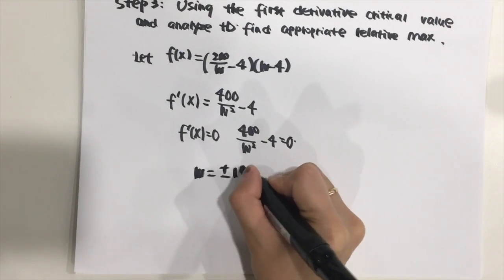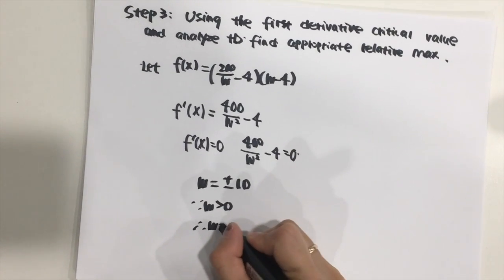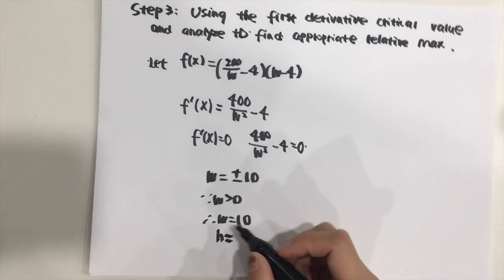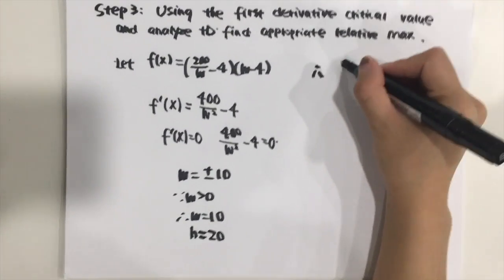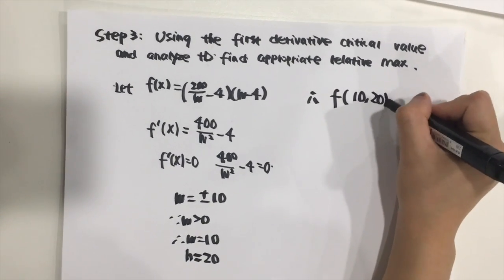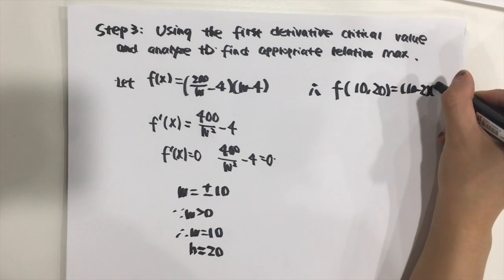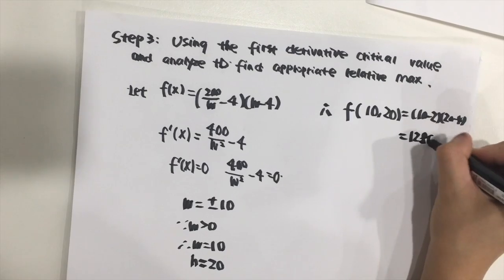Because width must be positive, we reject negative 10. We substitute width into our constraint function, we can get height is equal to 20. And now we substitute width and height into the function we got before. We can get that the largest green area can be 128 square meters.